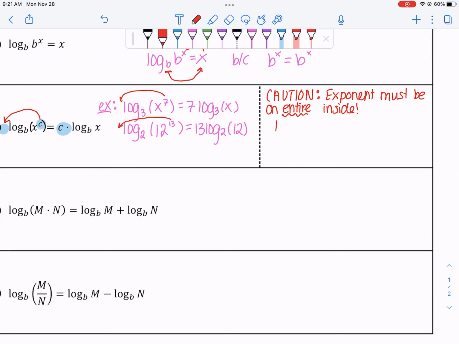So here's what we can't do. This is a no. I'm about to write something that we cannot do. If you have log base 2 of xy squared, this square is only on the y. It is not on the x. So we cannot bring that 2 down in front.